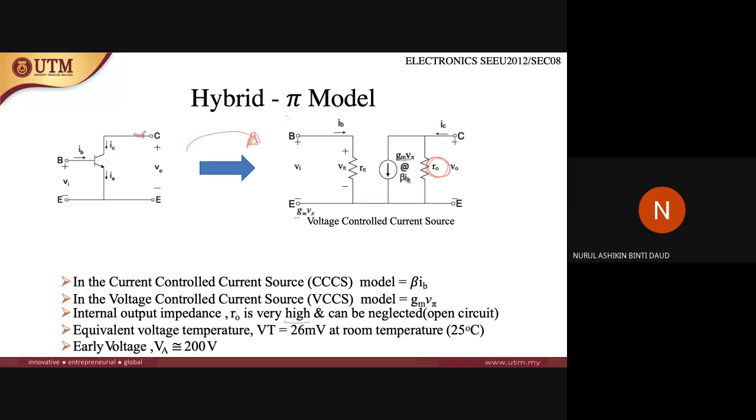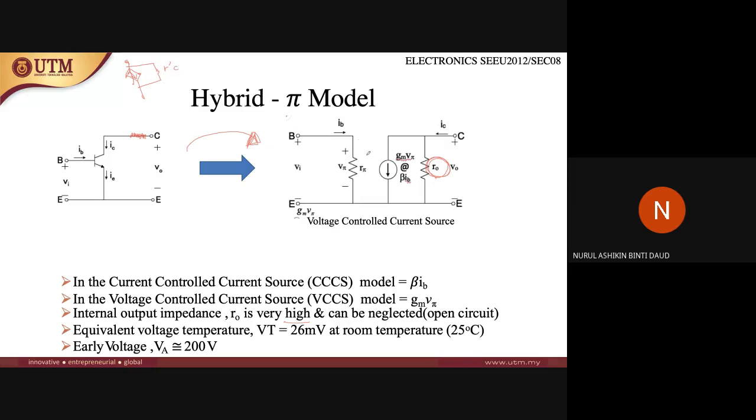Still remember in the RE model just now, there was a resistor R prime C here.